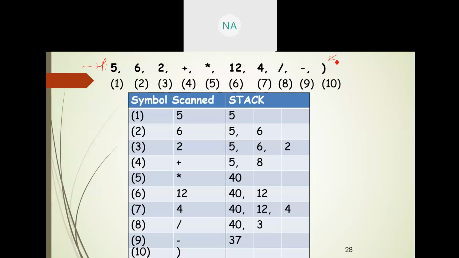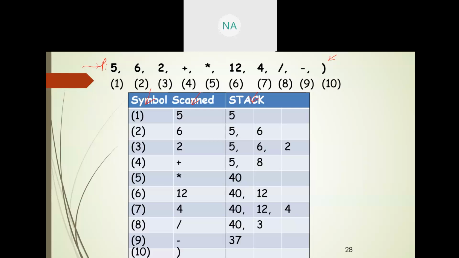Now, this table shows the execution of the algorithm using a stack. This column represents the number of the symbol scanned, first, second, third, and this is the value of the symbol, and this is the stack.